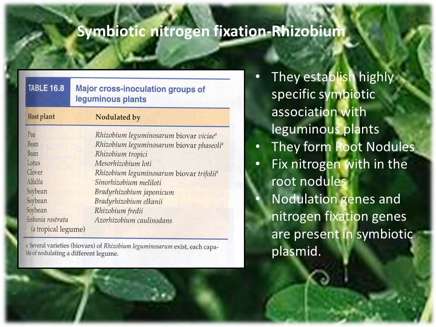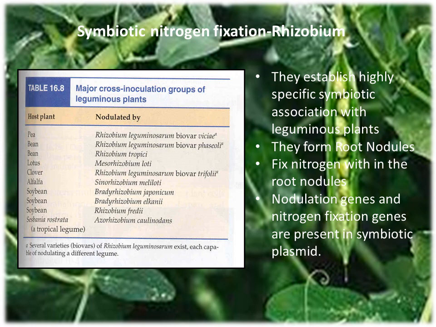In this symbiotic plasmid, we find an operon, a cluster of genes responsible for nitrogenase production, called NIF genes, as well as nod genes which are responsible for the formation of nodules in leguminous plants.